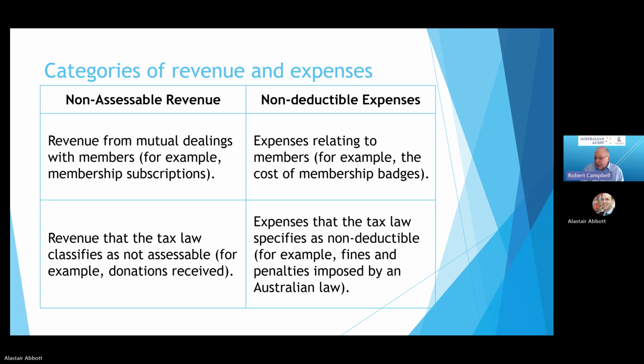But non-deductible expenses, including expenses related to members, for example, the cost of membership badges, that's included as a mutual expense. Expenses that the tax law specifically says are non-deductible, fines and penalties. Next slide.